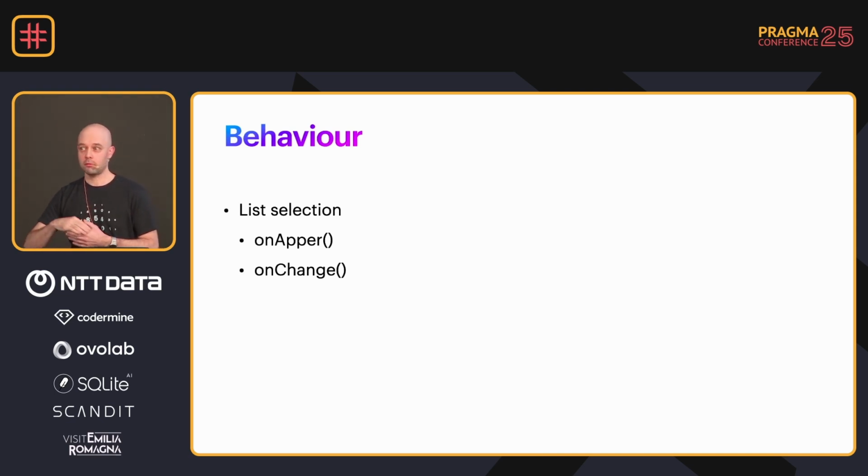But on larger platforms like iPadOS or macOS, onAppear will only be triggered the first time, because the second and third time, the screen is already there, it already appears. So in that case, you can use onChange and listen to the list selection change.